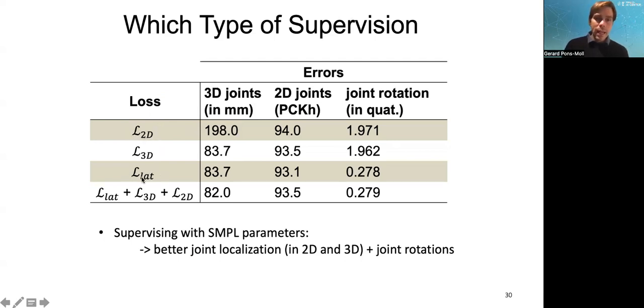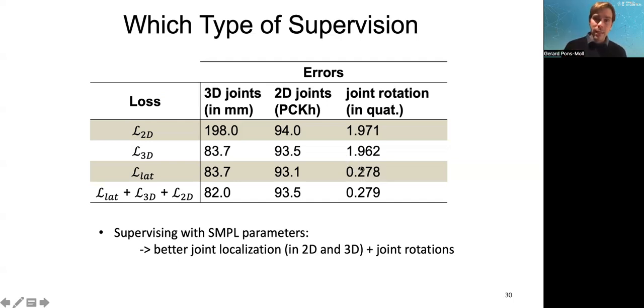Now, this L_lat is placing the loss on the latent space, on the pose and shape parameters directly, right? We have a loss directly on those parameters. So in terms of 3D joints, we are doing as well as with the L3D loss. But what is important here is the joint error measured in quaternion space, which measures the angular error.